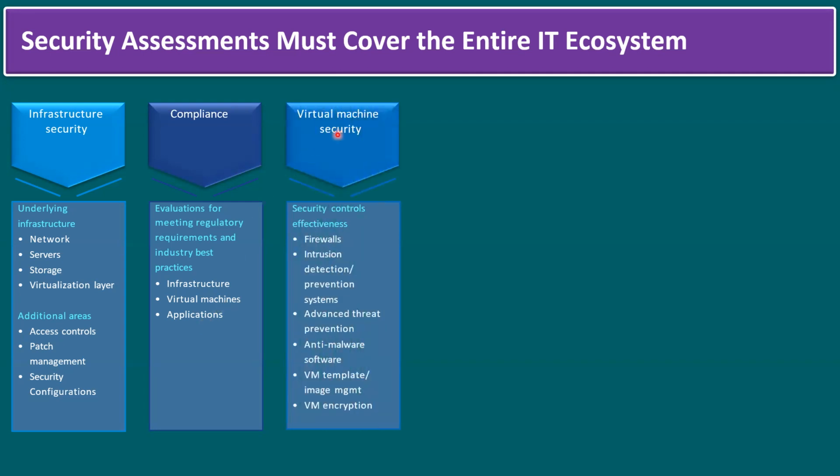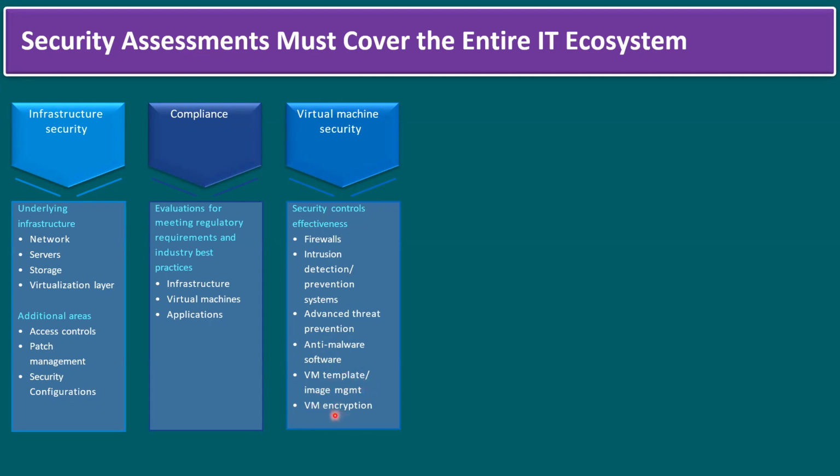And virtual machine security. Within a virtual machine, security control effectiveness of firewalls, intrusion detection and prevention systems, advanced threat protection, and anti-malware software. Sometimes we may cover this within our guest OS antivirus software, or sometimes we may use additional external third-party software, plus VM template image management and VM encryption.